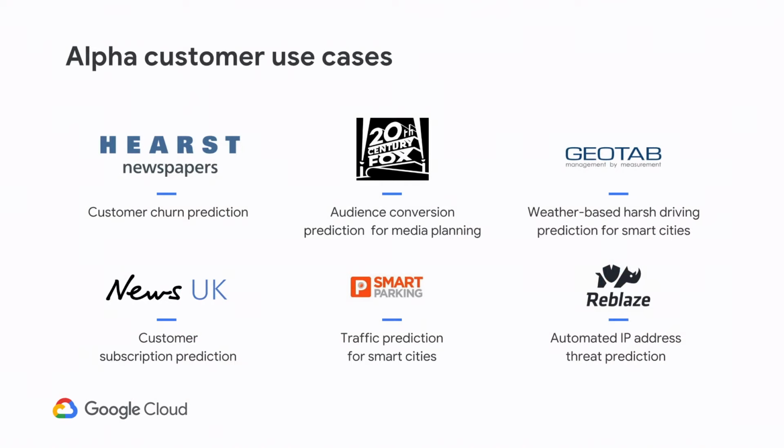Similarly, there are other companies who have used it for a variety of different use cases where they had a lot of data in BigQuery, but did not want to go through the process of exporting it and setting up multiple tools. And they did not have enough data scientists to work on every problem they need to address.